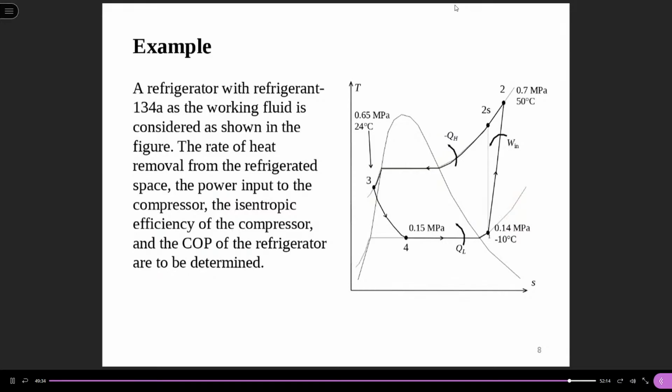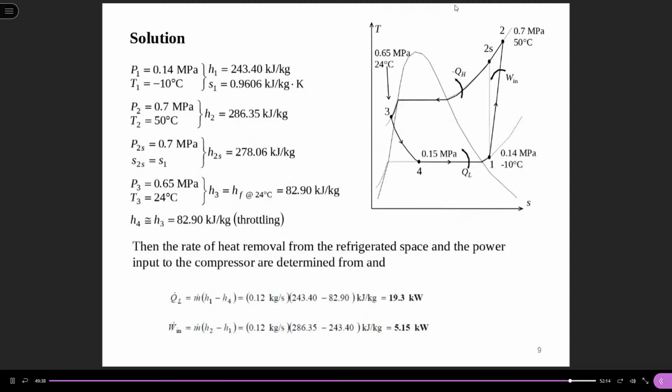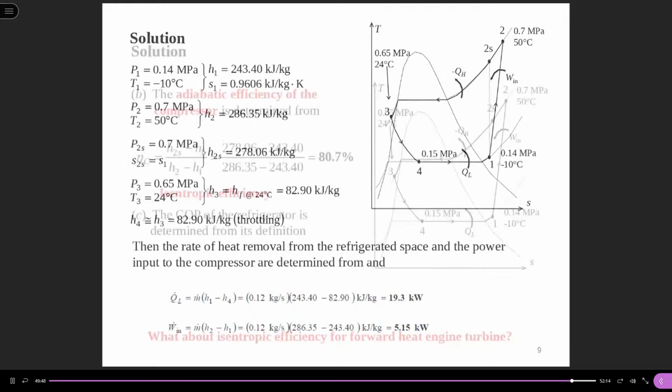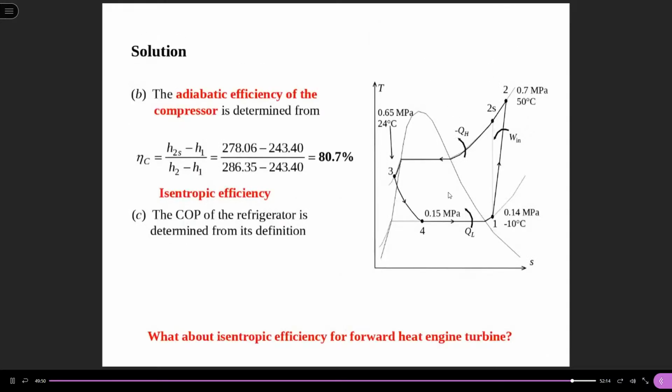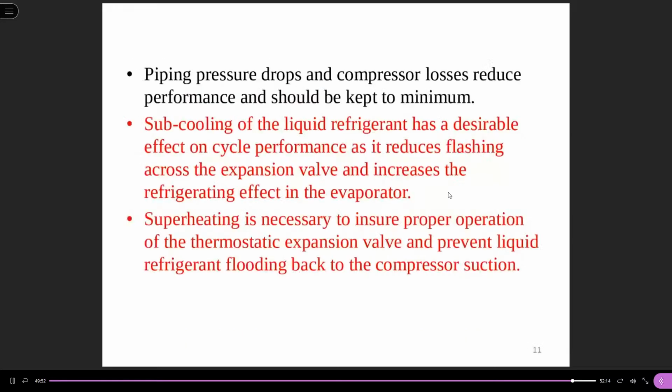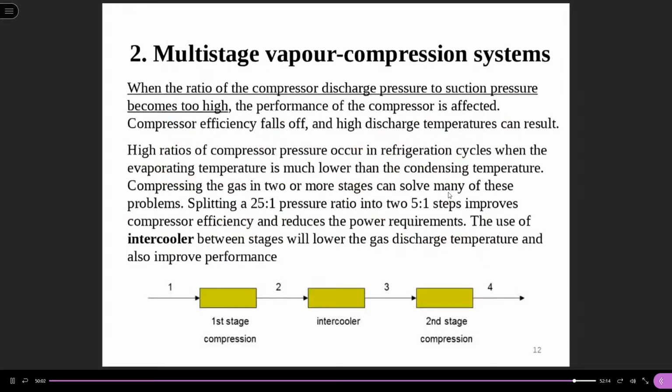However, we don't need to worry, because for us each component is an open control system, so we are just using the difference of enthalpy to calculate the heat flow and the work, and also the calculation of the COP. We understand superheating is necessary, and subcooling is in fact desirable.